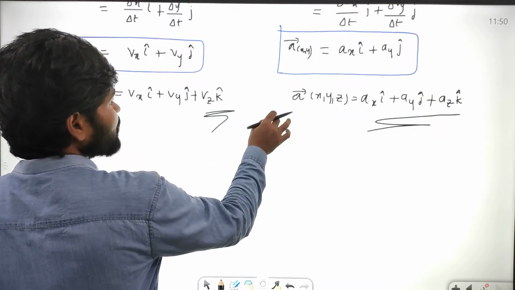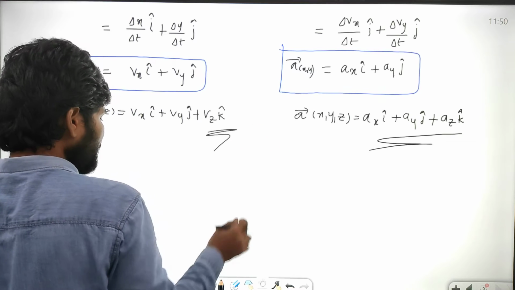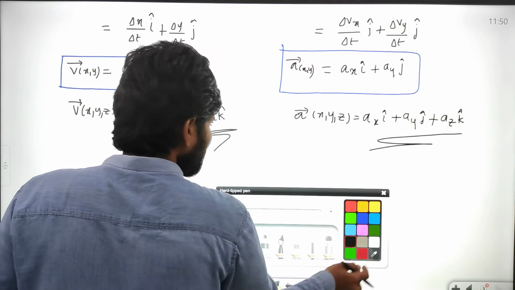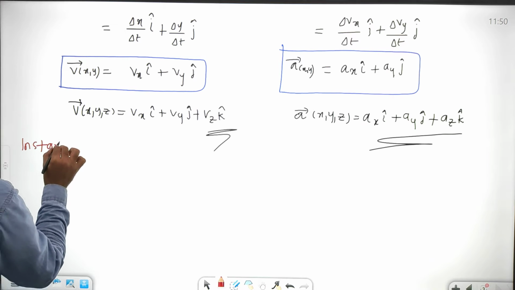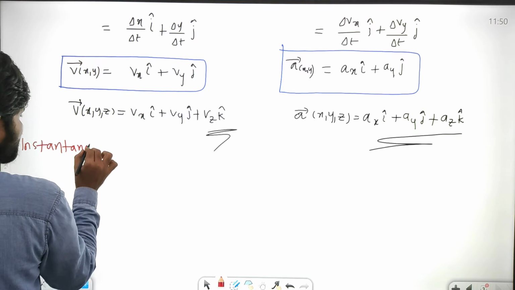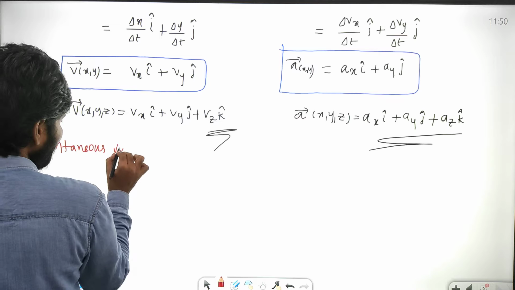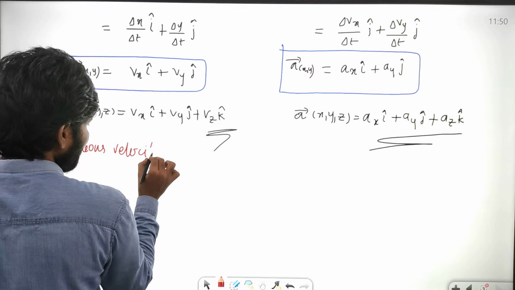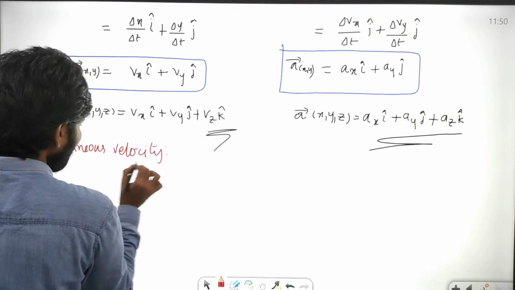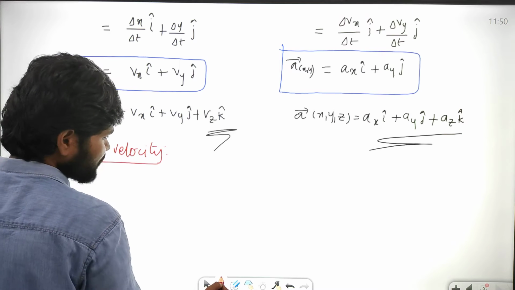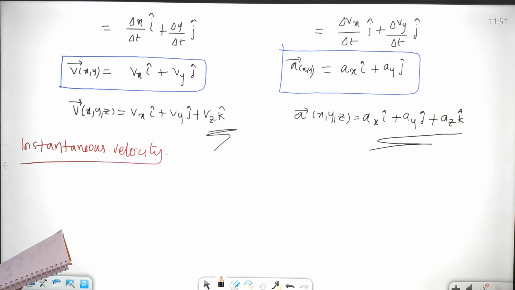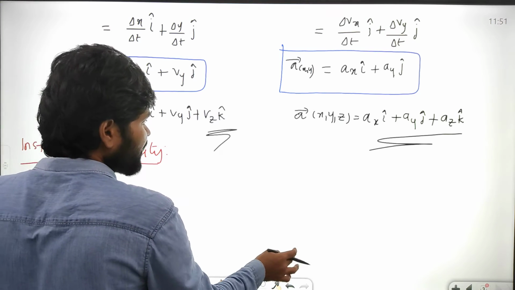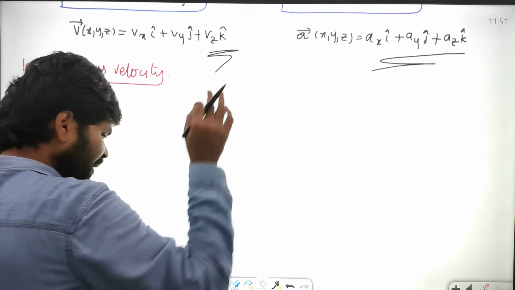Let's come to the discussion about the instantaneous velocity. So here I am explaining the same thing. What is instantaneous velocity? You already learned in the previous classes. Instantaneous velocity is nothing but velocity at a particular time.